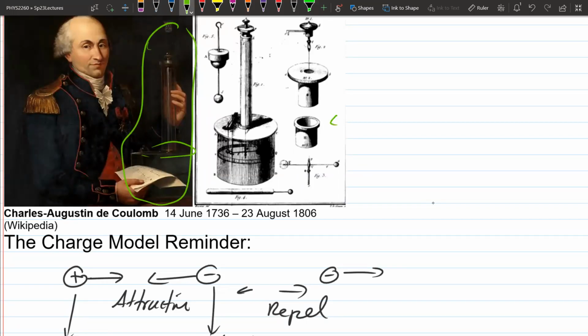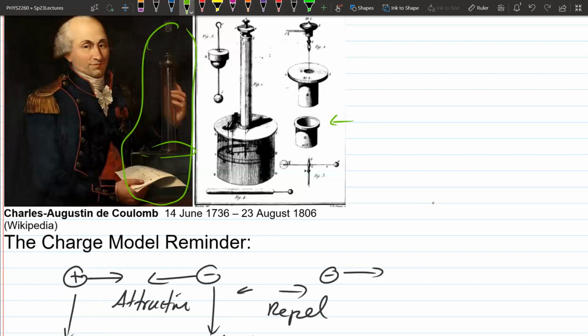There's a schematic here on the right. And those of you who had, I think in general physics 1, I did mention a little bit of it. The way this little device works is that he was able to hang a little bit of charge inside a tube. It's not a vacuum tube, but the reason he put it into a glass tube is so that there's no draft that's going to cause it to move by itself.